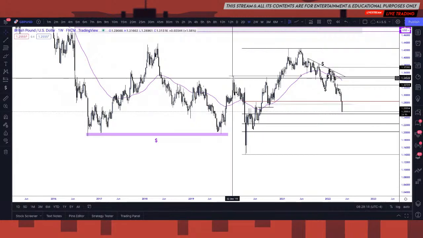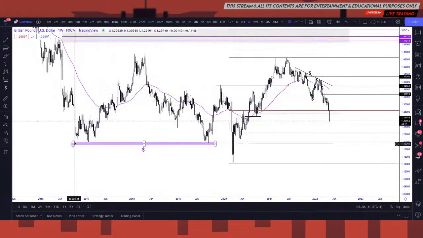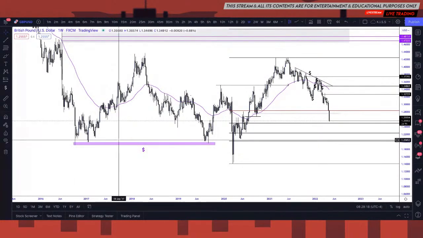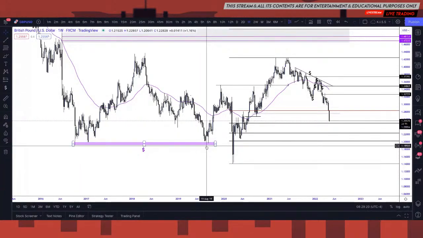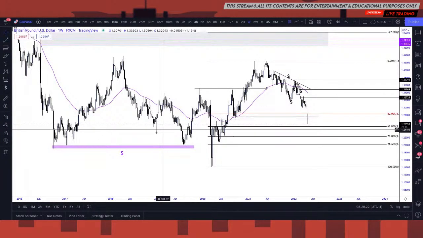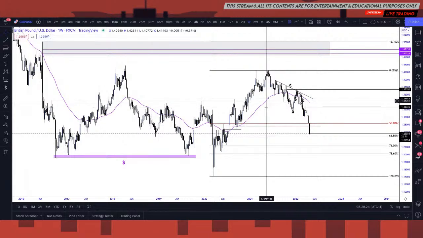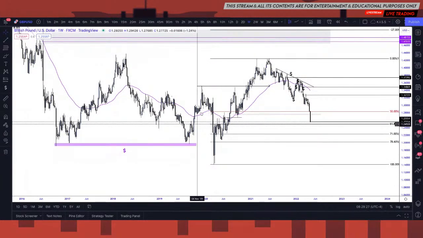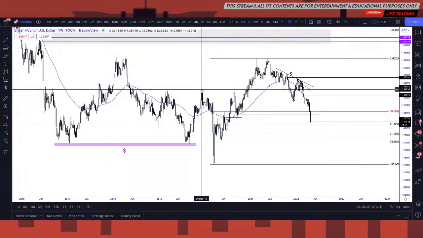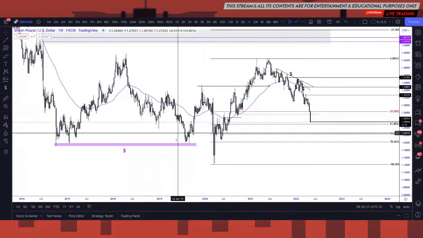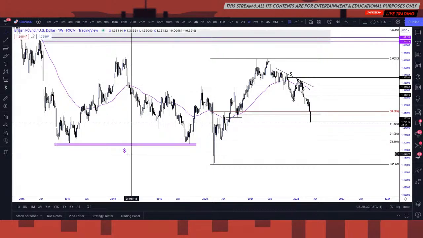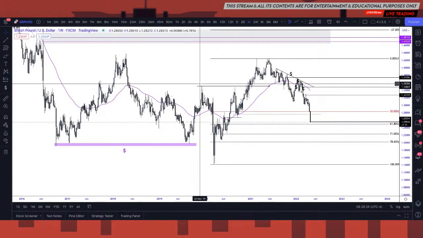This massive move up on the weekly was engineering liquidity beneath these lows. Okay, you have to imagine this as the, let's say, 1 hour time frame. This is the weekly, but just imagine in your mind it's the 1 hour. Okay, logically, we would see double bottom. That's engineering liquidity.